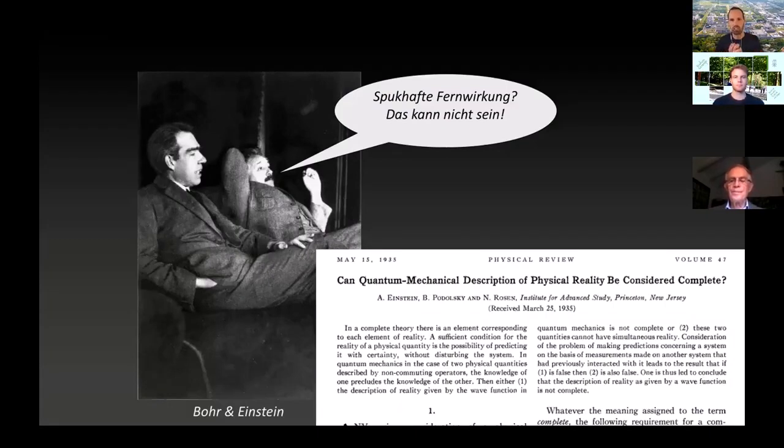They wrote this paper in 1935, and the sole purpose of the paper was basically to cut down on quantum mechanics and say the theory is not complete. And interestingly, despite all the breakthroughs that Einstein made, this is his most cited paper up to today.